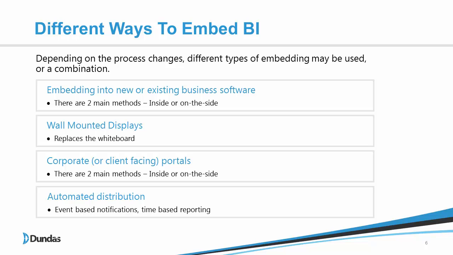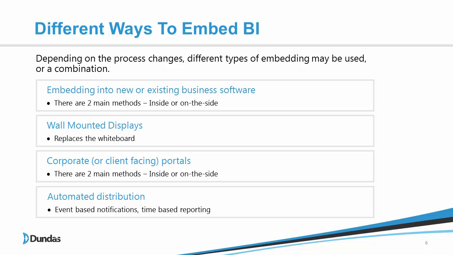So the idea is, as you're going through and looking at the different parts of your software, using the different features of the software, that the BI is part of those features now instead of something that you run separately. So they both have their benefits. Where inside is kind of your real-time view, where on the side is more for your more thorough reporting. So you may want to run both, one or the other. It depends on how much you want to invest in time. It doesn't matter which way you do it.